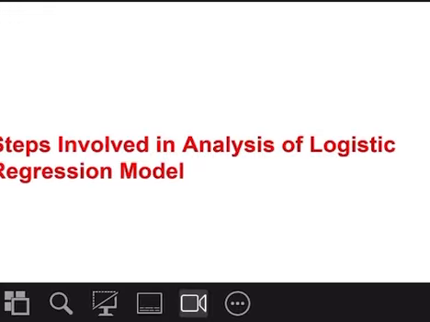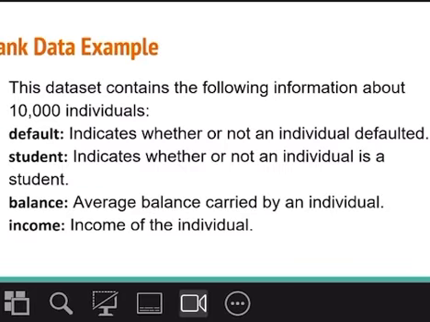Now, what are the steps involved in the analysis of a logistic regression model? I want us to visit a bank. Somebody applies for a loan, and the bank wants to decide. The bank has information about 10,000 customers. This is supervised learning.